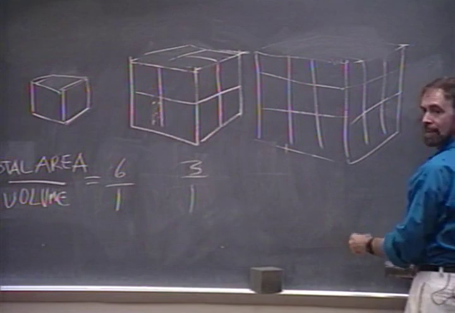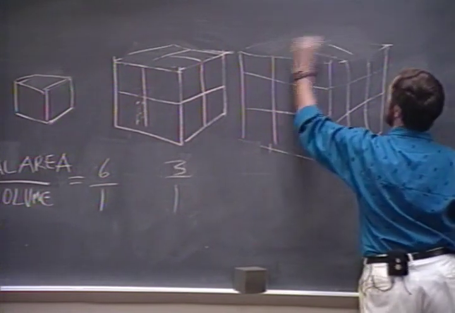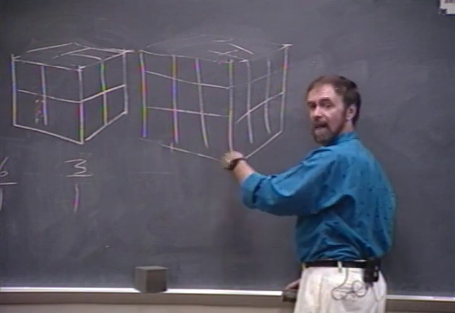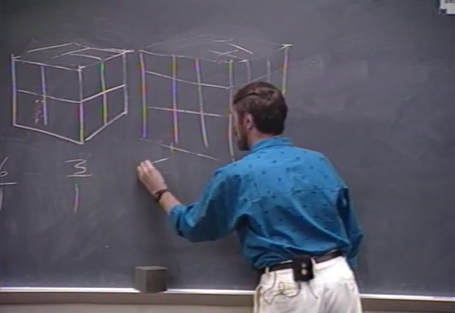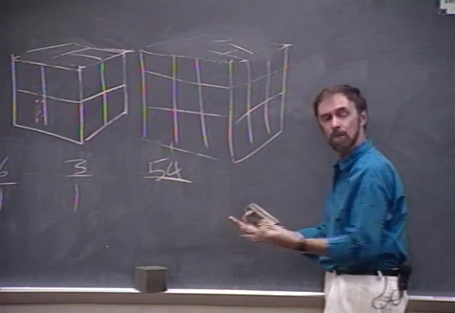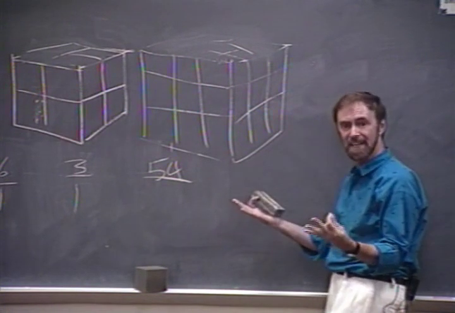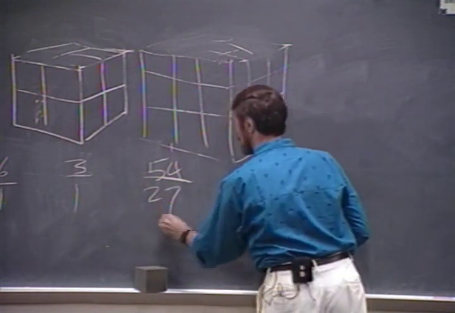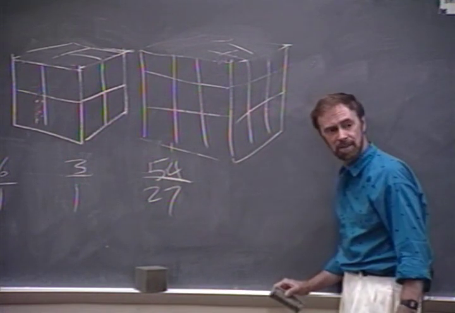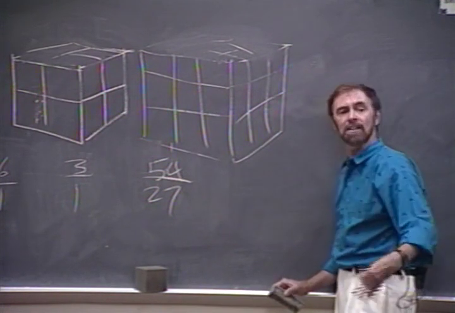What happens over here? What's my total area for a 3 by 3 by 3? 54. Every one side is 9. 9 sixes. 54 total area. What's my unit volume? 27. 54 over 27? 2. I've already looked it up, let me tell you.